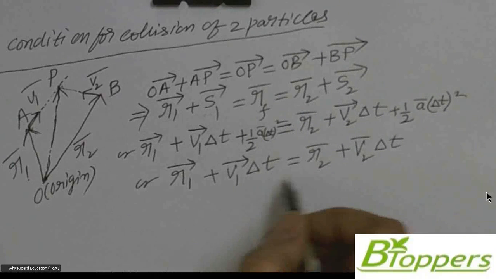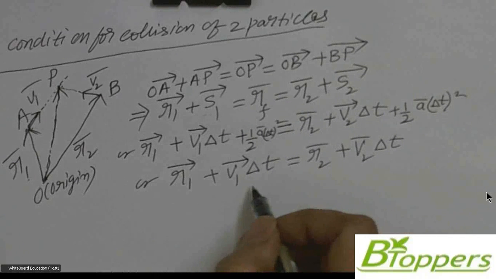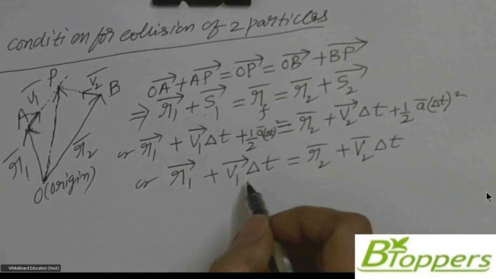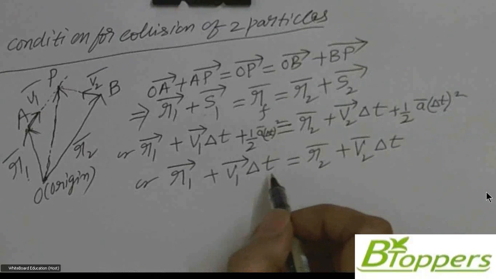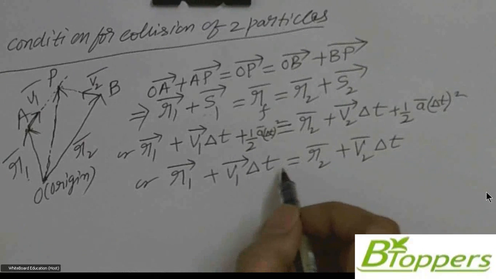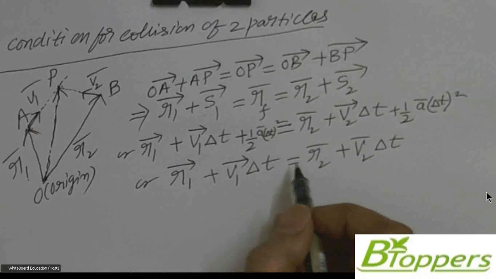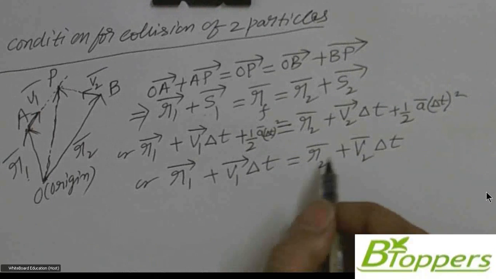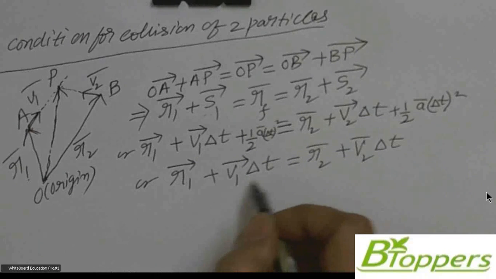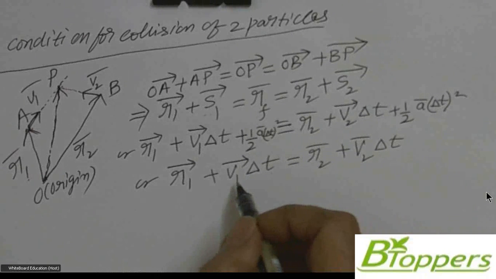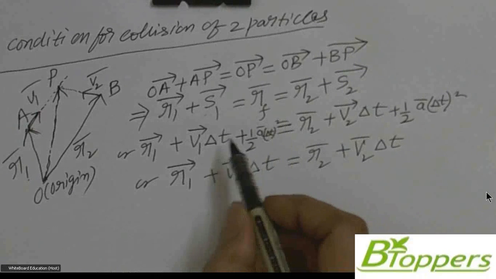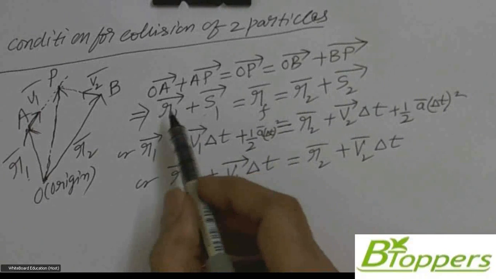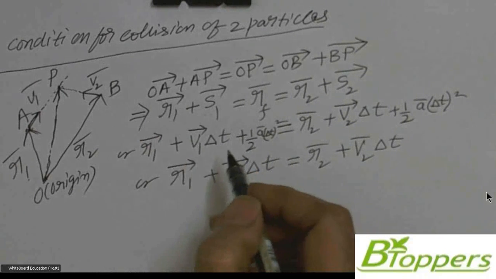That means the same equation can be written when each particle moves with constant velocity, and the same equation is also applicable if each particle moves with the same constant acceleration. Here v1 bar and v2 bar are the velocities of the two particles at the initial instant, at the beginning of the time interval delta t.